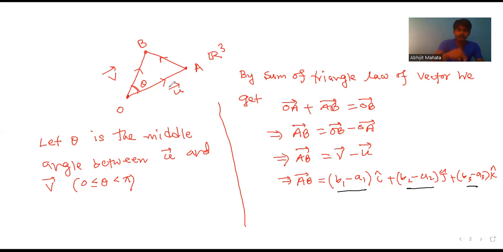That triangle you can draw only for R3 or R2. For another kind of vector space, this kind of situation is not possible, and you cannot define the angle between two vectors geometrically. But using the help of algebra you can define the angle between two vectors.